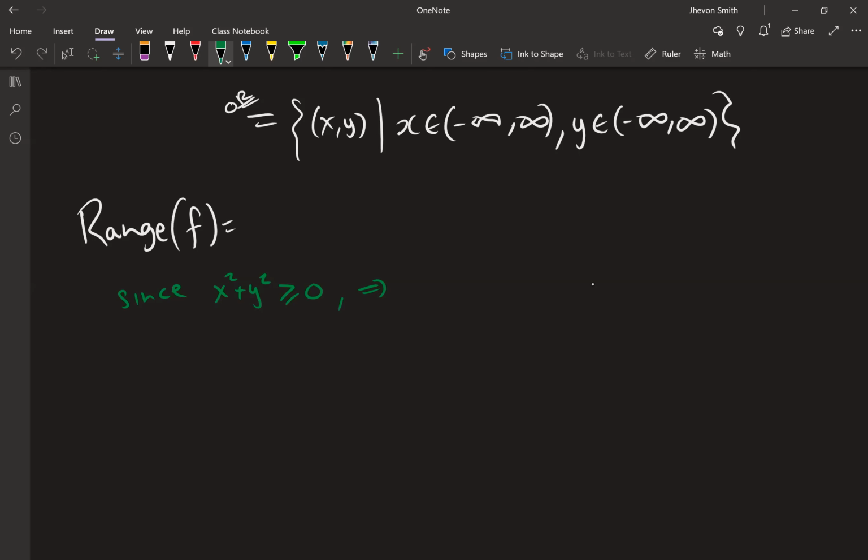So this would mean that x squared plus y squared plus 1 is greater than or equal to 1. And we only have one output, a 1D output.